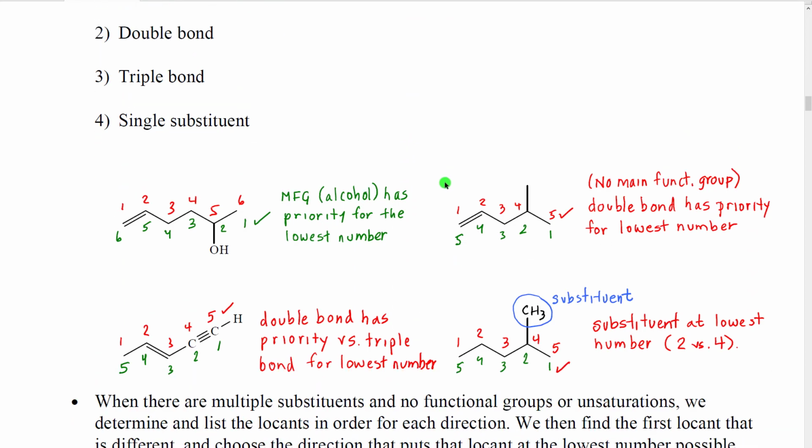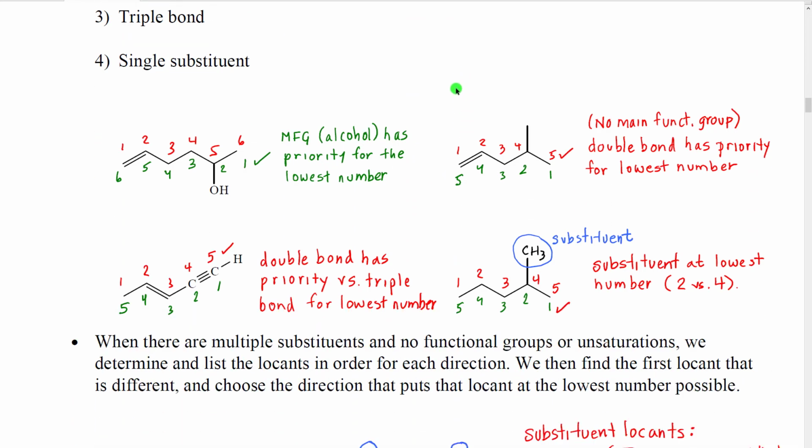Okay, so here are a couple of examples of carbon chains, parent chains, that we would want to number. So let's start with this one. What I've done is I have put one numbering system above in red and a second numbering system below in green. Now, this carbon chain has a main functional group, which happens to be this alcohol.